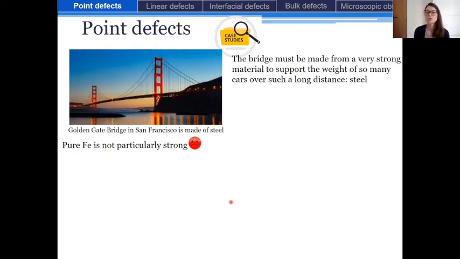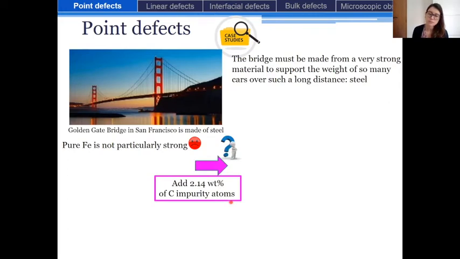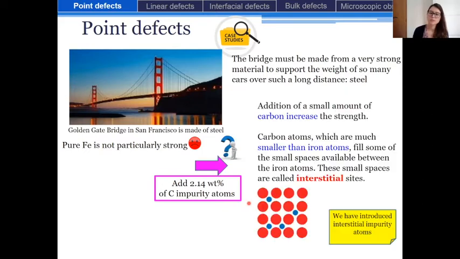And so in order to improve its mechanical properties, we add a small amount of carbon impurity atoms. Okay, so in that case, the impurity atom is carbon. And as you can see, the weight percentage of carbon is really low. It's about 2.14 weight%.